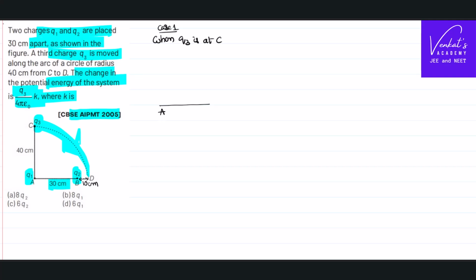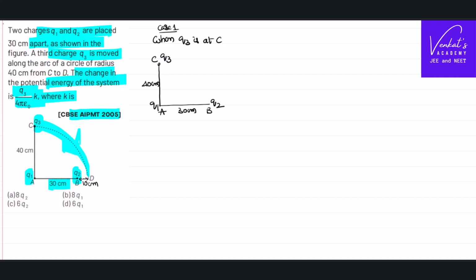It is A, this is B as given, this is C, this is given as 40 centimeters, this is given as 30 centimeters, and this is the position. At A there is Q1, at B there is Q2, at C there is Q3.